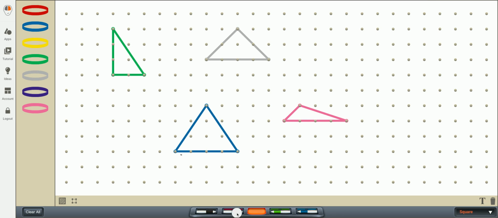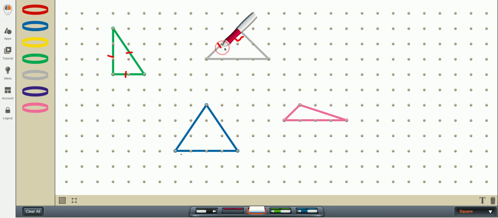But I also see that none of my sides are the same. So it has no sides that are the same. If I look at this, be careful. It is also a right triangle and it has two sides the same length. So it is a right triangle and a triangle that has two sides the same.